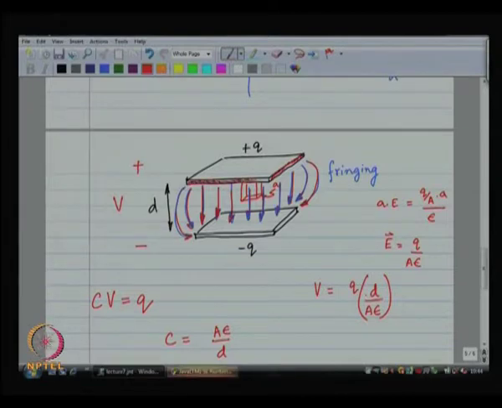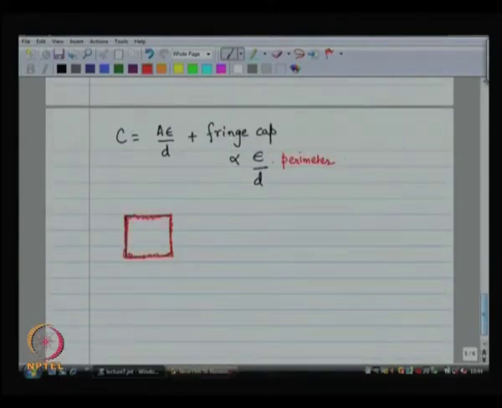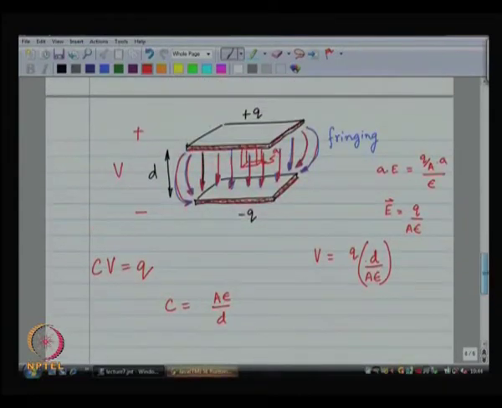So, charge will not only reside on the lower wall, the roof, the ceiling. Charge will mostly reside on the ceiling, it will also reside on these side walls, right. So, it is also going to be proportional to height, not height, this thickness.